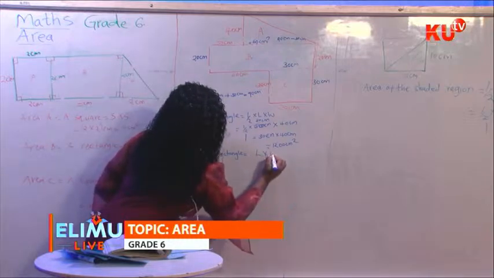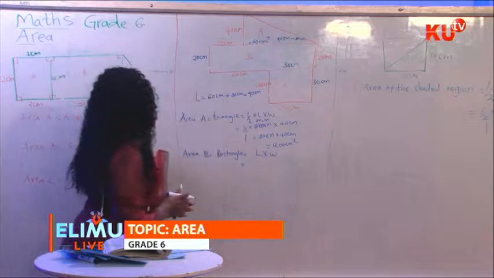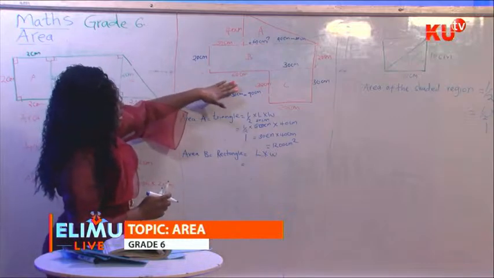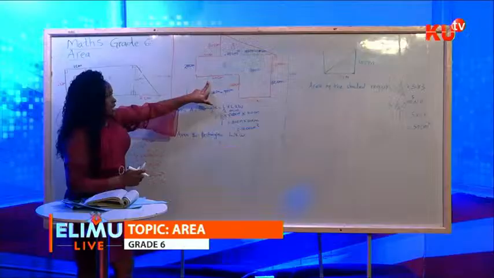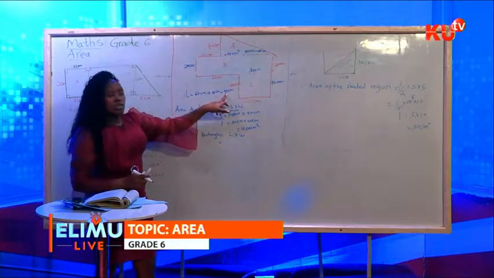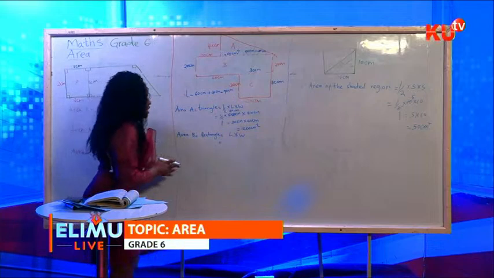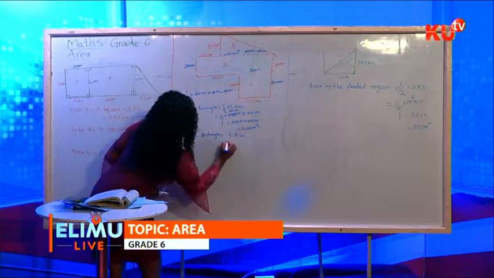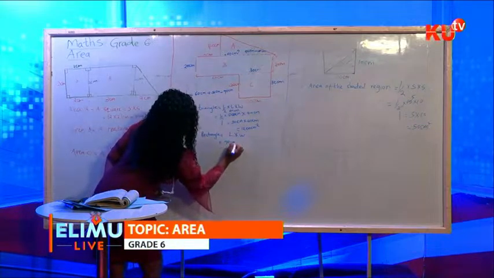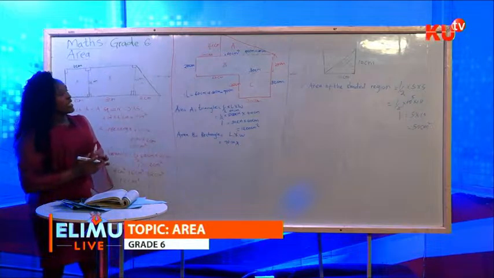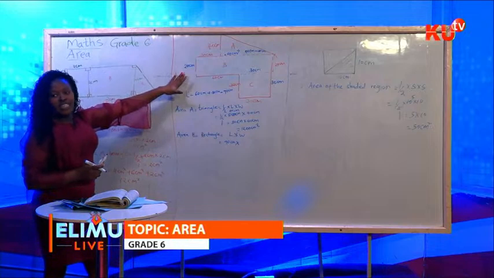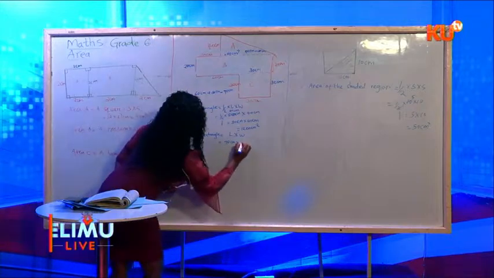The length of our rectangle here is 60 plus 30, which is equal to 90 centimeter, multiplied by the width of our rectangle, which is 20 centimeter.